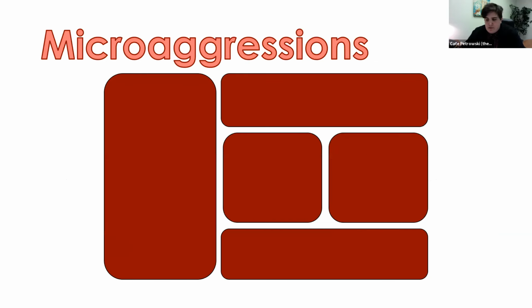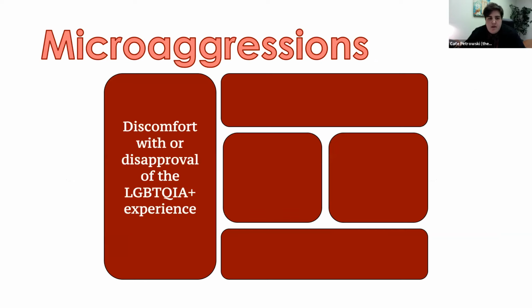So some examples of microaggressions. Folks might experience others being uncomfortable or disapproving of the LGBTQ experience. So it might be somebody who is judgmental or just conveys that they don't support that.